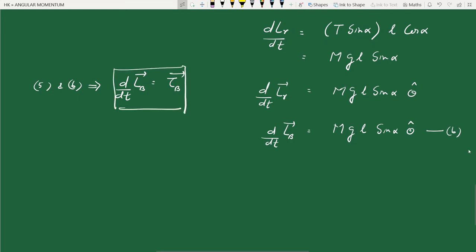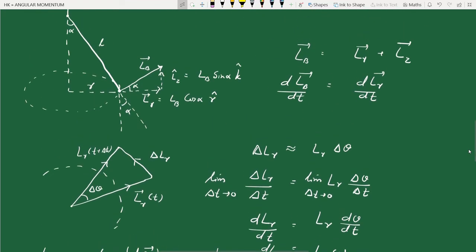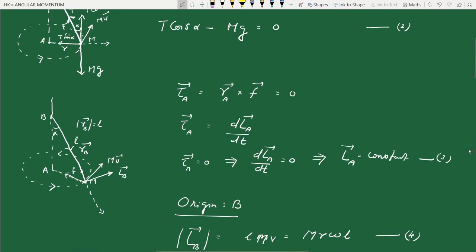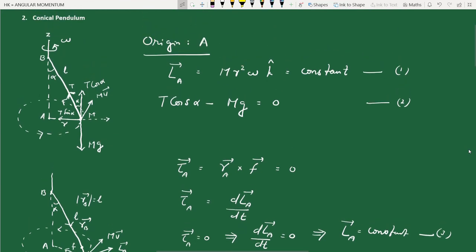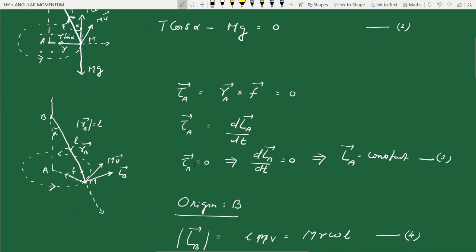So in the case of conical pendulum, we have considered the rate of change of angular momentum about both origins. About origin A, the situation is that angular momentum is a constant, and we have shown that torque is 0 about this point. When torque is 0, we get angular momentum constant.